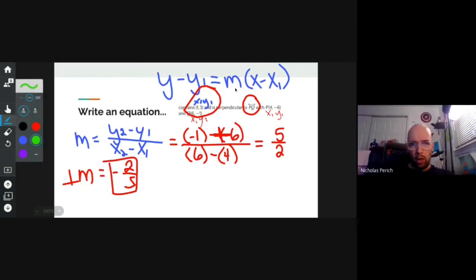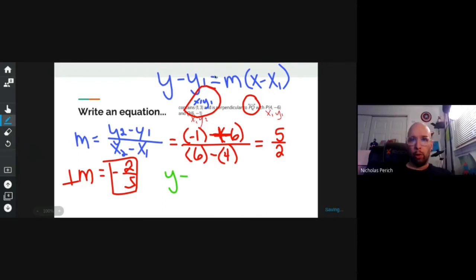Okay, I know a lot of what I'm doing looks very sloppy and I'm embarrassed, but that's all right. Y minus the blue Y sub 1, which I called 3, equals -2/5 X minus X sub 1, which I called 1 up there.